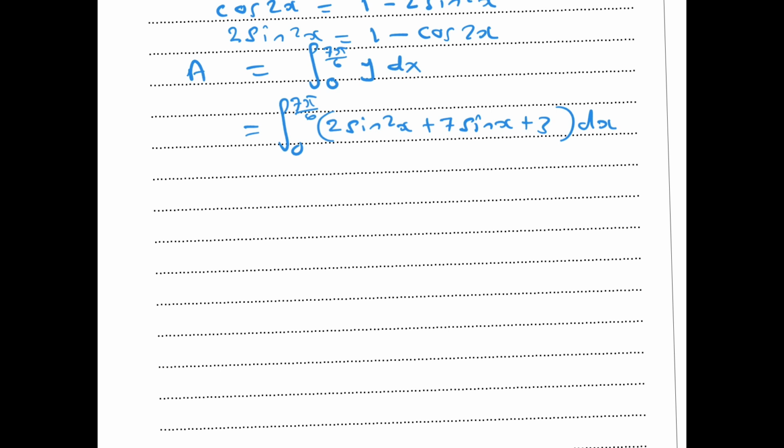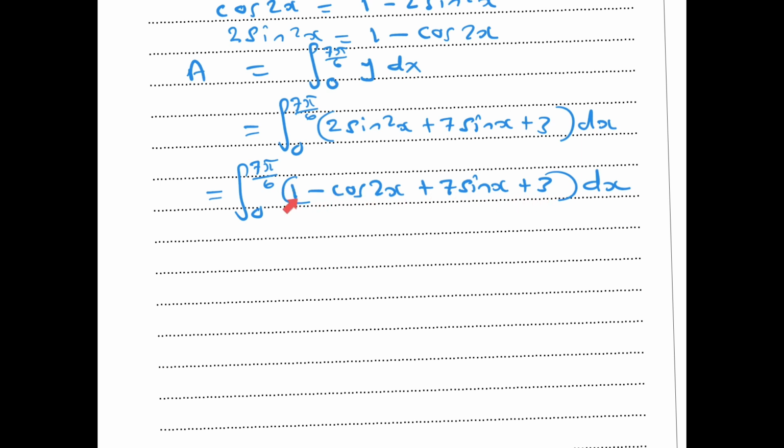But since we have said 2 sine squared x is 1 minus cos 2x, so that's what we are going to have there. 0 up to 7 pi over 6. So we have 1 minus cos 2x plus 7 sine x plus 3 dx. All right.